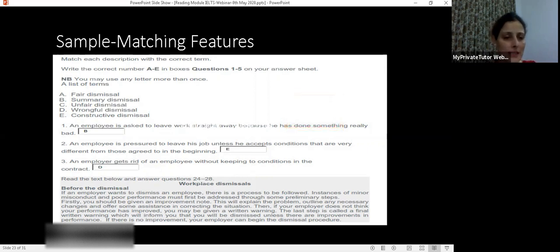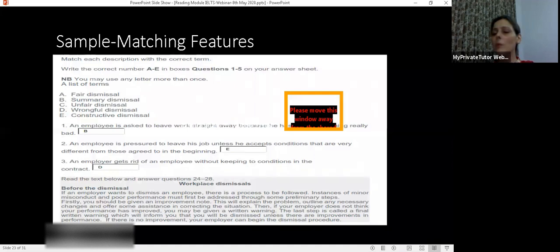Is this statement a fair dismissal? Immediately he should be fired or dismissed, or is it an unfair, wrongful, or constructive dismissal? No, they are giving us a summary dismissal. They are explaining that if something like this has been done, these sorts of instructions are going to be given to an employee.